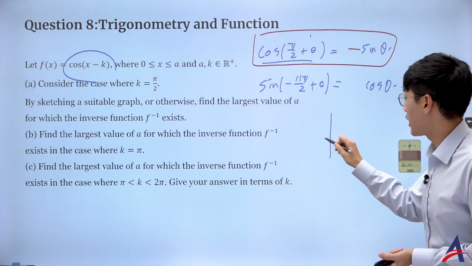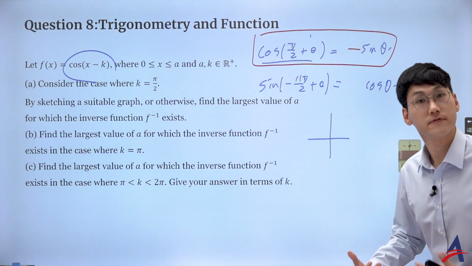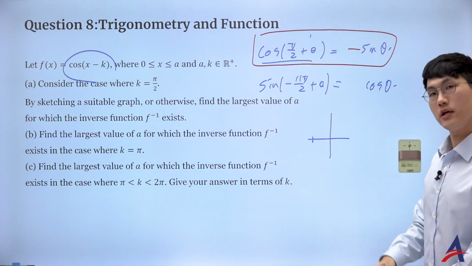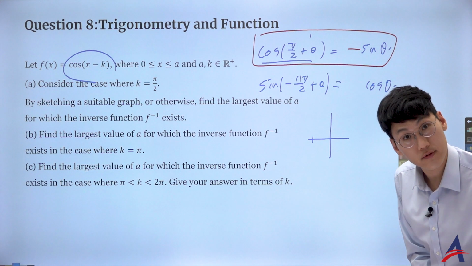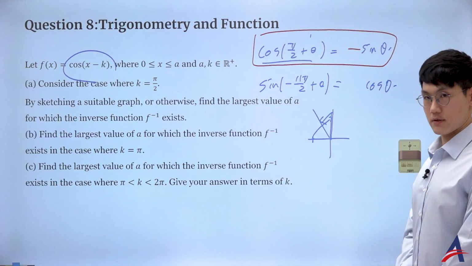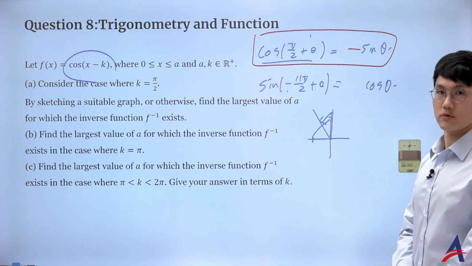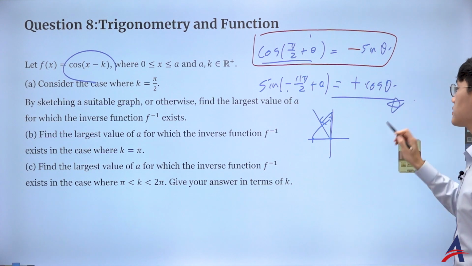So let's rotate around first. If I have negative 11 pi over 2, that's almost negative 5 pi, isn't it? So I'm landing here. But I'm going to subtract pi over 2 once again to make it negative 11 pi over 2. So I've landed here. But I'm adding theta, so I'm in the second quadrant. What is the sign for the second quadrant? It's always positive, so I know it's going to be positive. Like this, you should be a master of this.